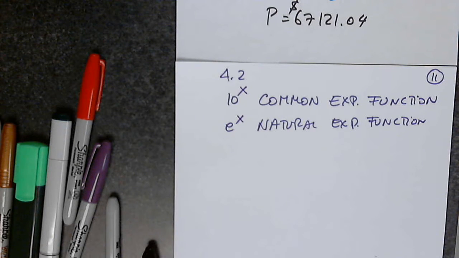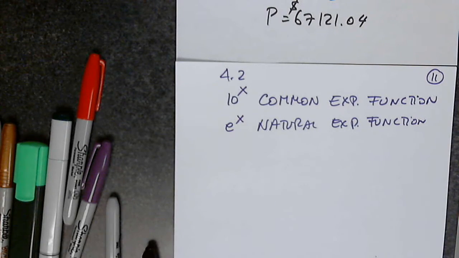Ready? Here is blue, and here's x. 10 to the x, coming up. It has to cross at 0, 1. It's closer to the y-axis, because the higher the base, the bigger the number. That's why it's closer to the y-axis. Okay? Perfect.